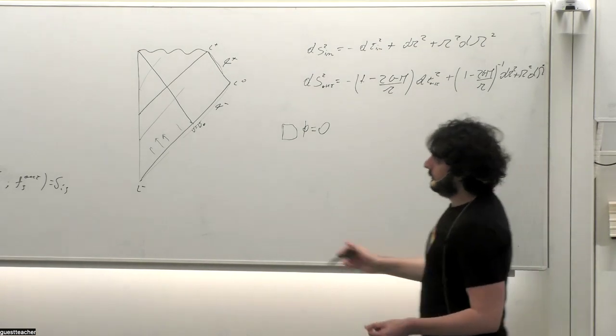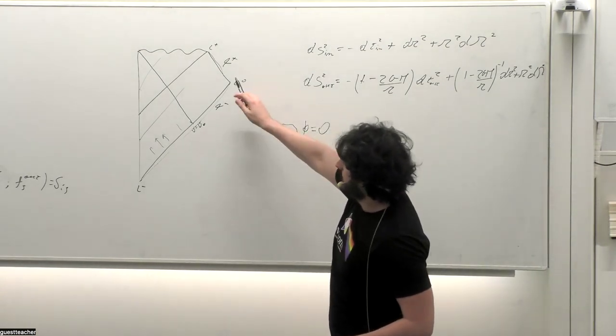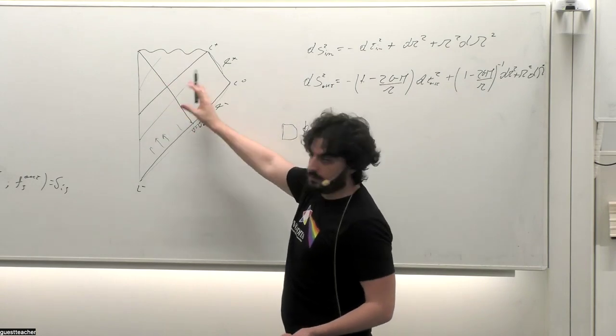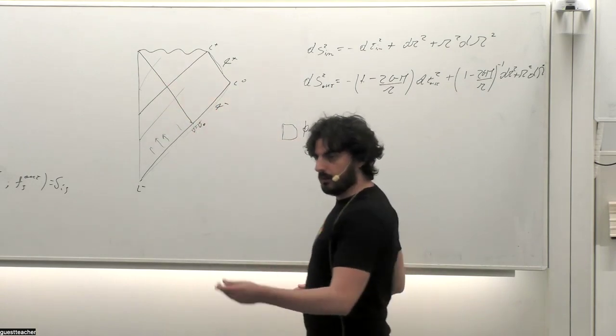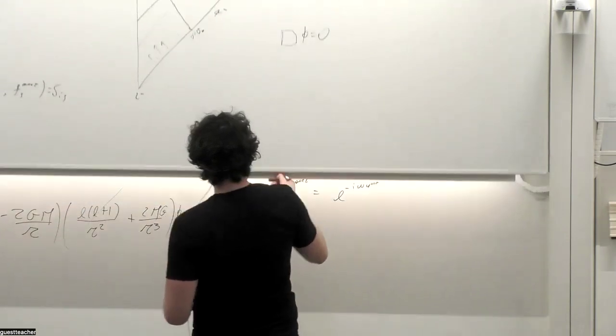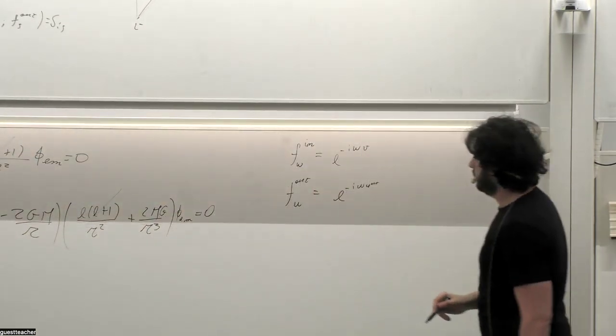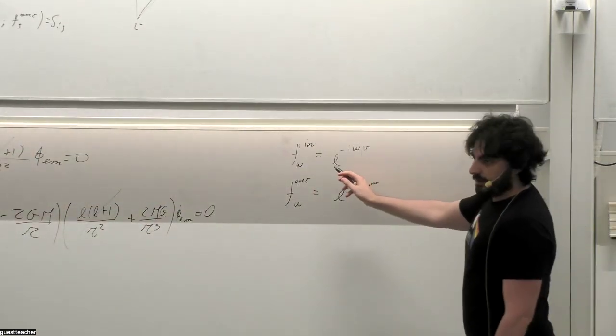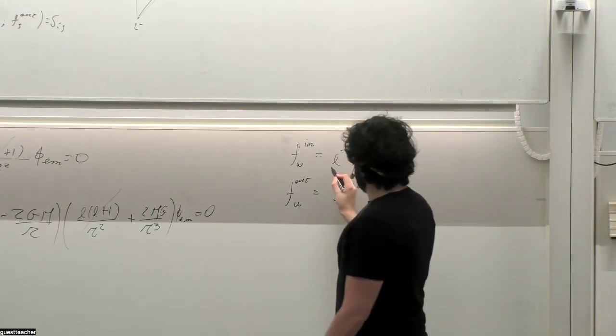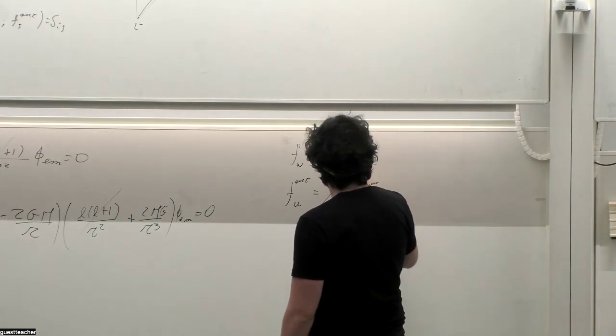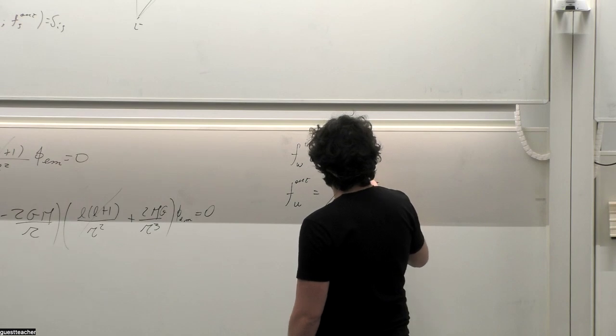And v is continuous across the shell. U is discontinuous, so you need to take that into account, and that's why I add out. Now, these are the modes, but I want them normalized, so I need to add the normalization factor. If I'm not mistaken, this is 8 pi omega.